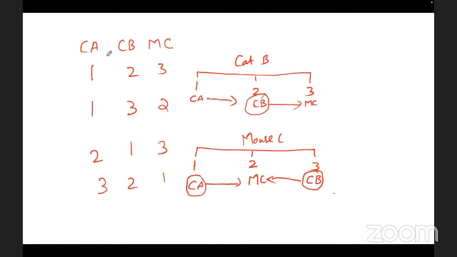First thing is like for cat A, what are all the conditions I need to check is I have to take the difference value of two numbers. Like always the cat A and cat B have to reach mouse C. That's what the point is, right? So first thing, the difference between cat A and cat B to reach mouse C.